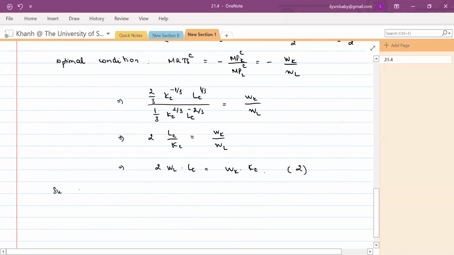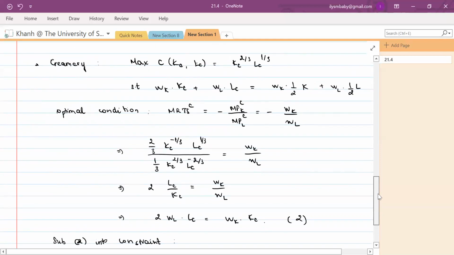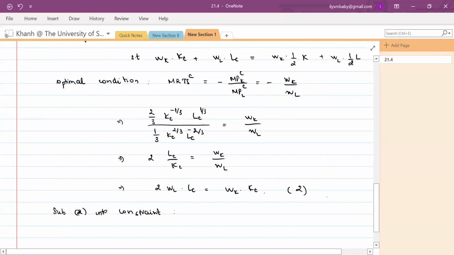If I sub this second equation into the firm's constraint above, then I get WK times KC is just equal to 2WL times LC, plus WL times LC equal to half of WK times K plus WL times L.